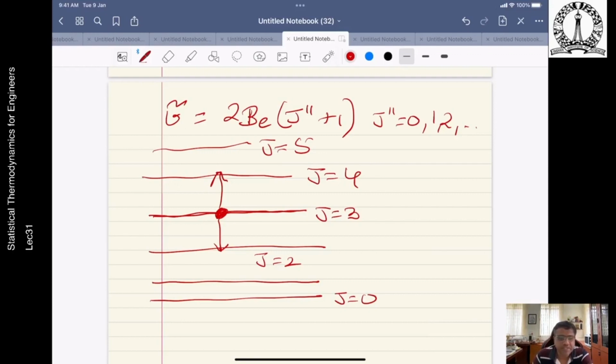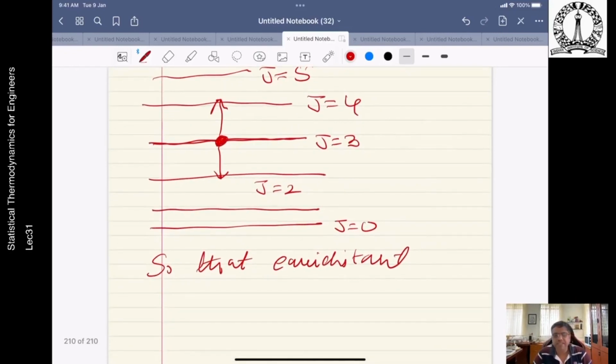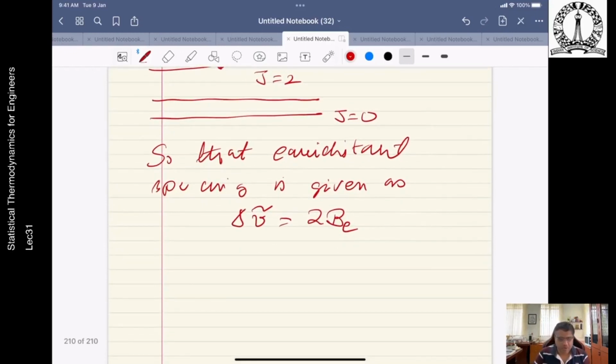Okay, so that equidistant spacing, if we look at the equidistant spacing, is given as 2BE.